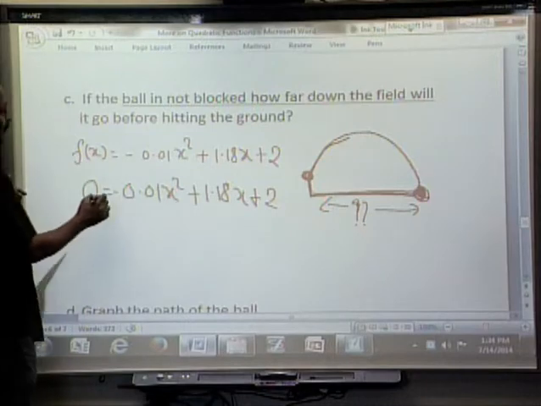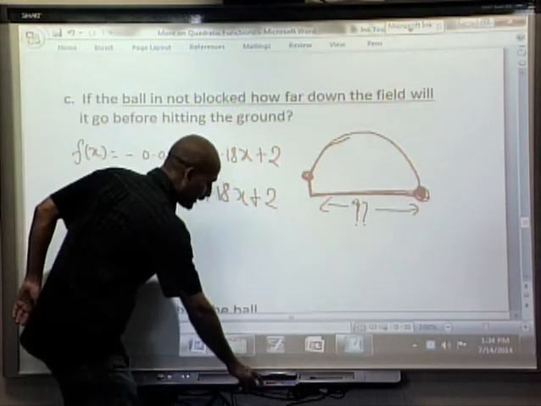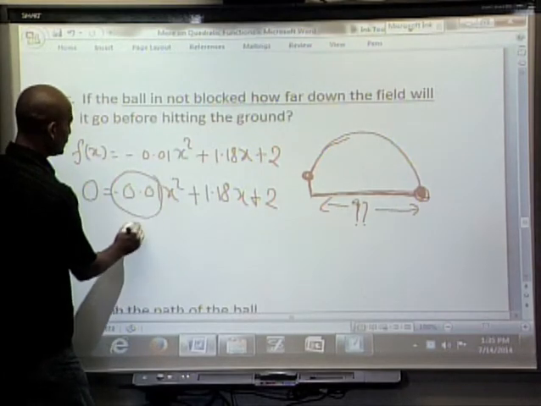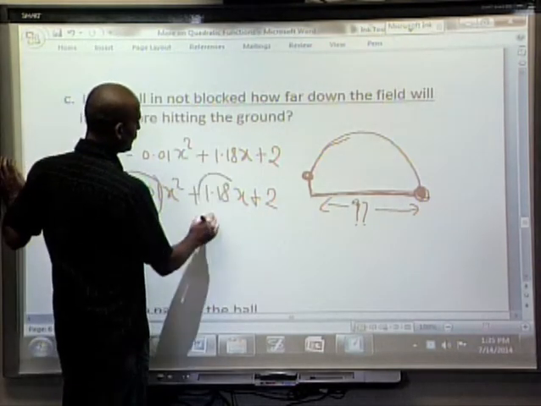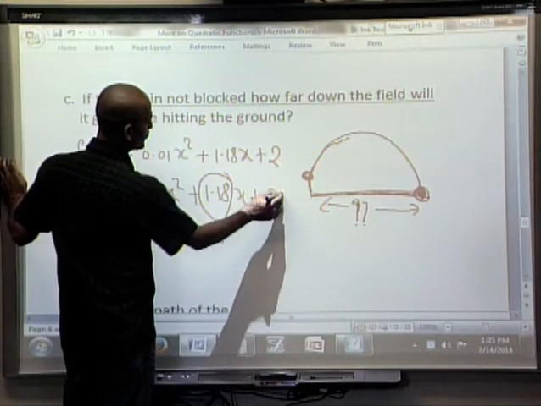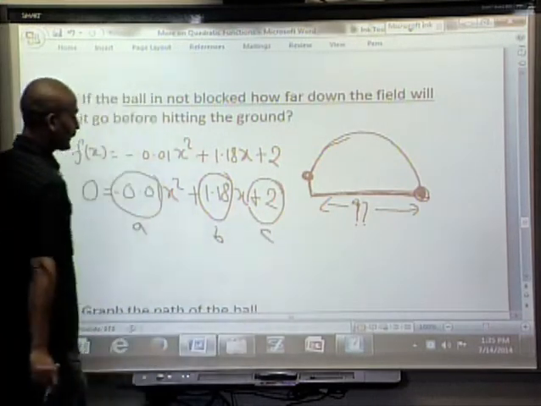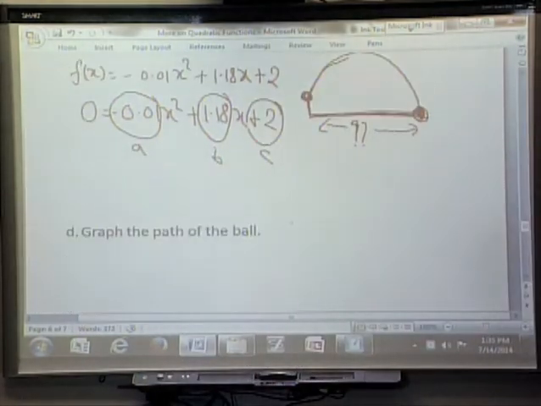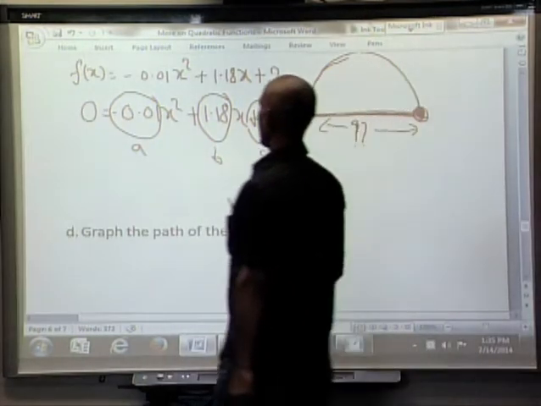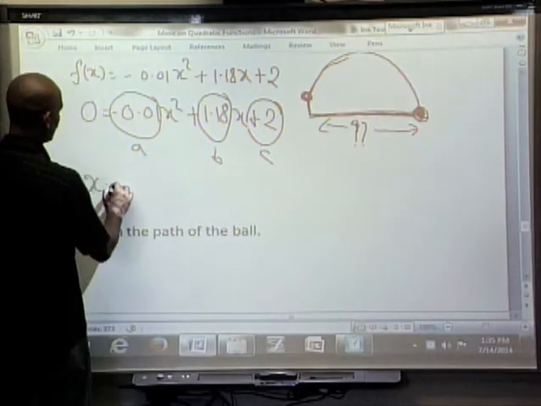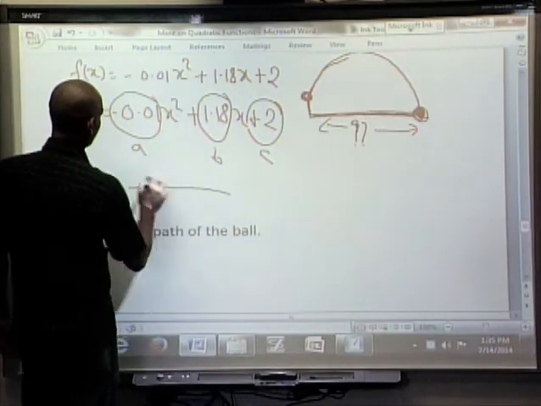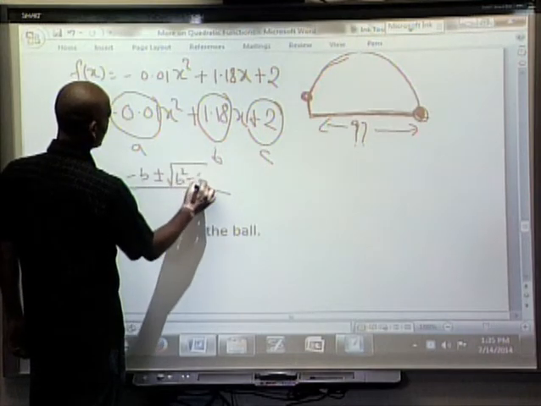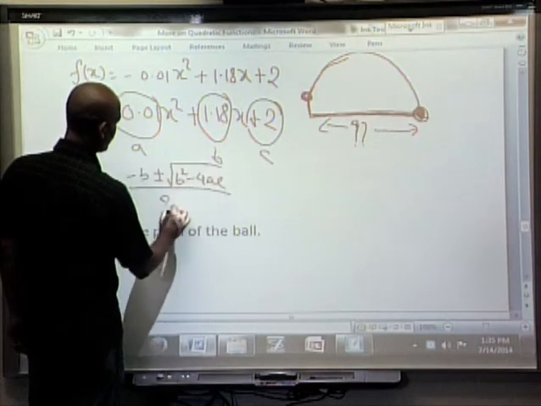If I want to solve a quadratic equation using the quadratic formula, remember that we need to know a. So, this is my a for this quadratic equation, this is my b, and this is my c. If I use the very famous quadratic formula, we will get x equal to negative b plus minus square root of b squared minus 4ac, divided by 2a.